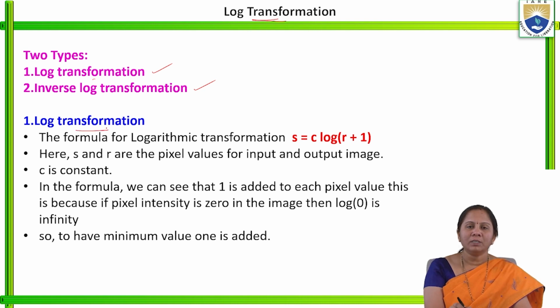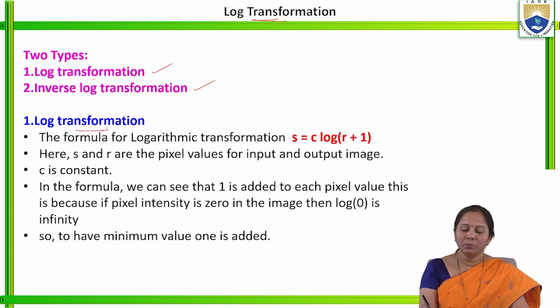Log transformation is represented with the formula S is equal to C into log of R plus 1. Here R represents the input pixel value and S represents the output pixel value.